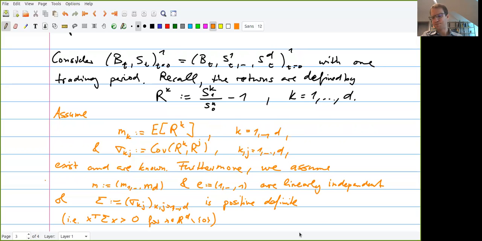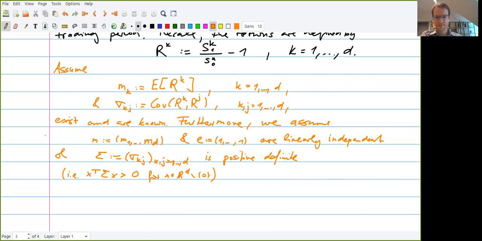This sounds a bit technical, but basically what I want to say here is that we have a non-redundant market in the sense that there's no asset on the market which can be represented as a linear combination of the other assets. Because if you buy this linear combination of all the other assets, this is not a new asset, right? You could generate it by trading in the market.